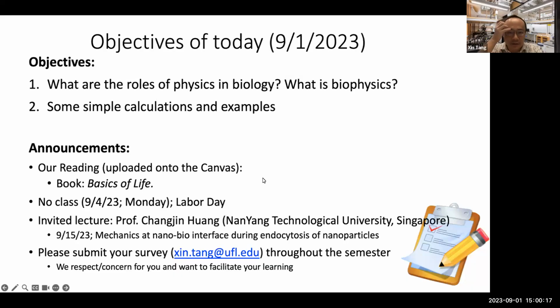Okay, so today we will continue to discuss the key examples in biophysics, especially the physical technologies, the physical tools that people use to study biology and gain new insights.